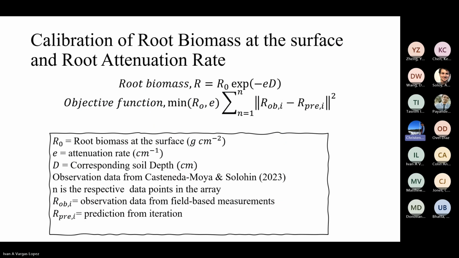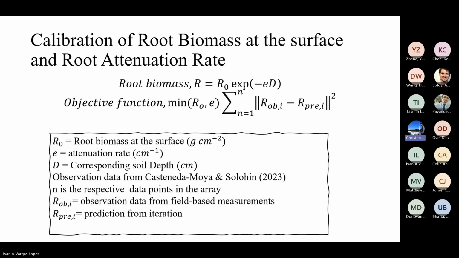From field measurement, we had root biomass at the surface and root biomass for the whole core up to the top 50 centimeters of soil core. So we have different intervals and different biomass, so we can convert those things into point data. And then we have the equation for root biomass at the surface.